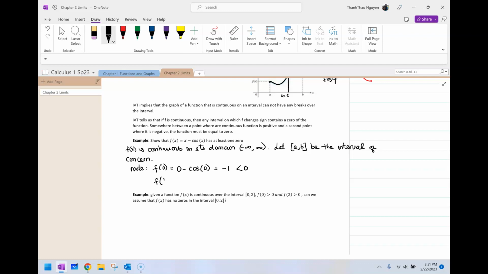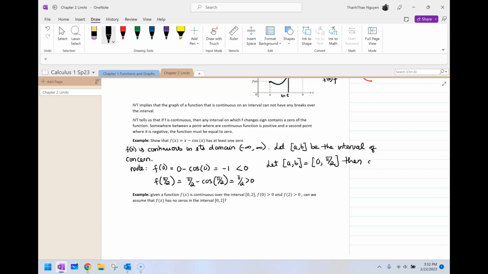F of pi over 2 is equal to pi over 2 minus cosine of pi over 2, that then equals pi over 2, that is greater than 0. So let the closed interval a, b be the interval 0 to pi over 2.